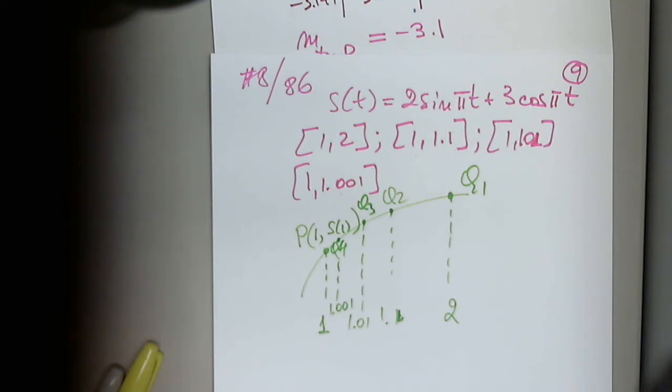So I have 2, I have 1.1, I have 1.01, and I have 1.001. So I'm asked to find the average velocity between P and Q1, then between P and Q2, then between P and Q3, and then between P and Q4.